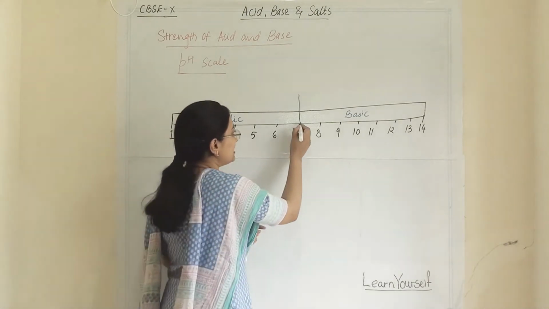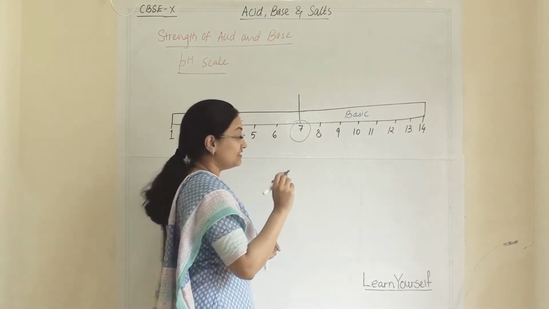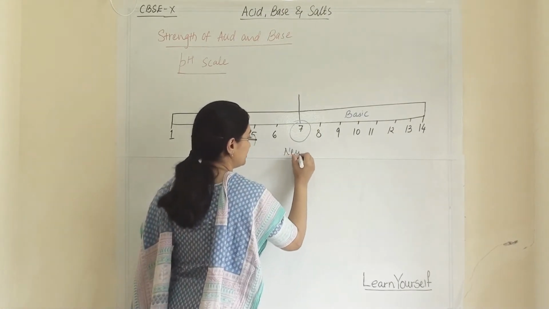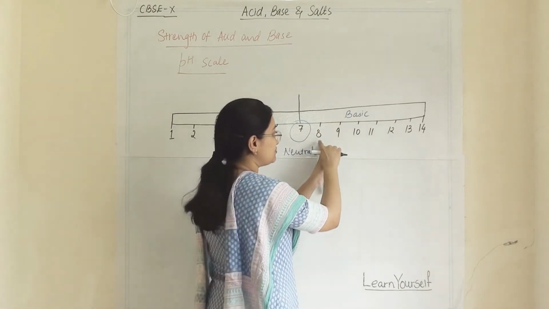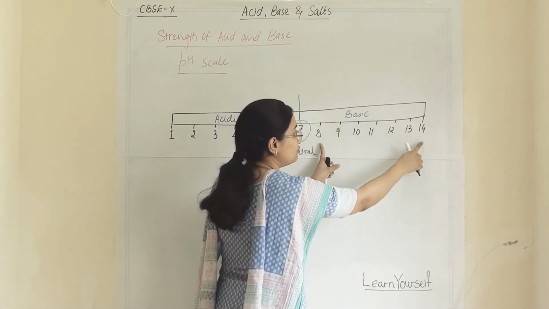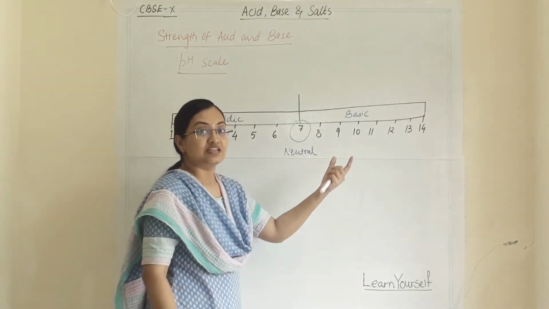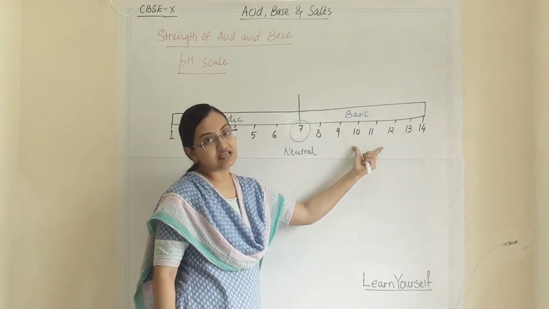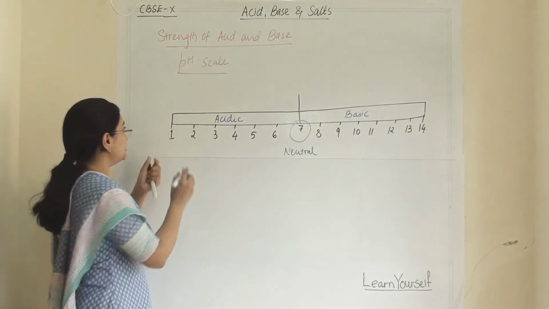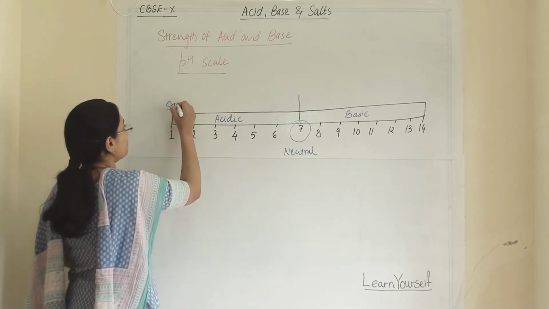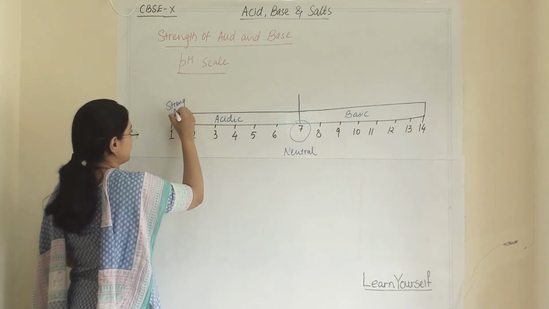When it shows 7, then it is neutral. When its pH is between 8 and 14, that means the solution is basic in nature. When the pH is 1, this is a very strong acid.